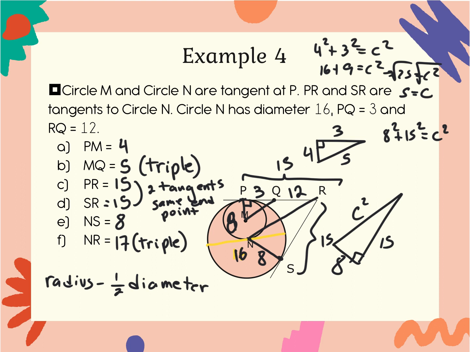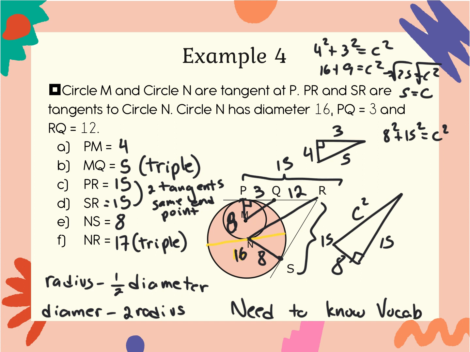And remember the diameter, in other words, is twice the radius. Remember, you need to know the vocabulary because there's a lot of it and it gets confusing if you don't know segment, chords, radius, diameters, endpoints, tangents, center. It's going to get a bit confusing.